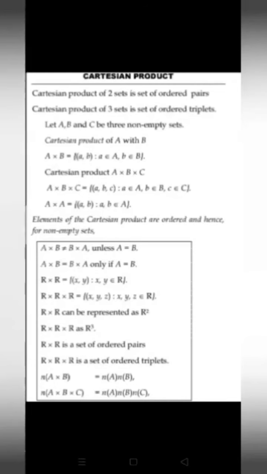Cardinality of A cross B is equal to the product of the cardinalities of the sets. Right? Next, n of A cross B cross C equal to n of A into n of B into n of C. Okay, do you understand, students?